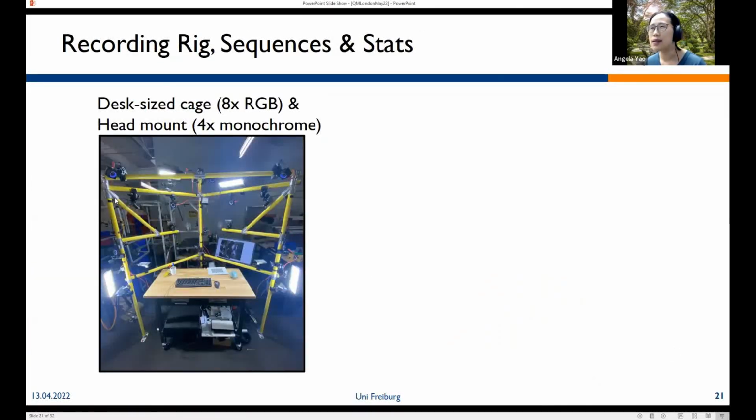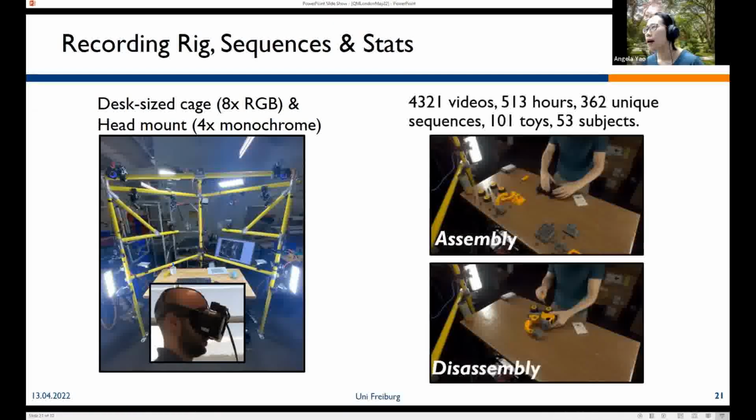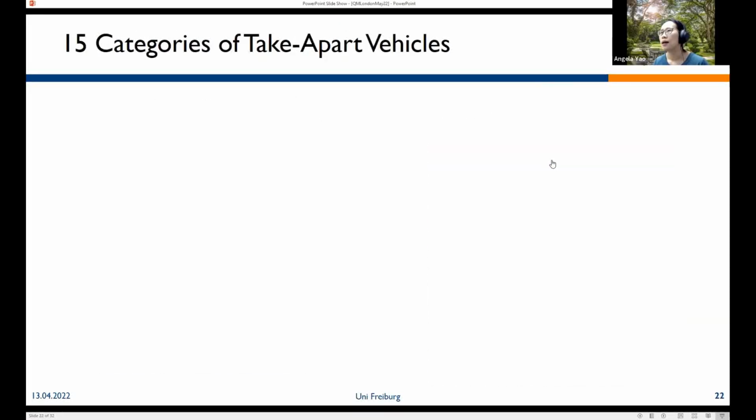We built this dedicated rig to do the recordings, as well as this headset here. Here are some stats: basically we assembled 101 different toys over 50 some subjects, and we ended up with about 500 hours worth of videos. There are 362 unique sequences of assembling and disassembling the toys.